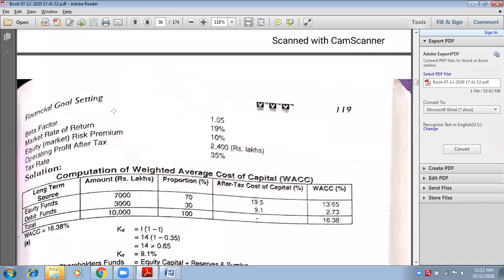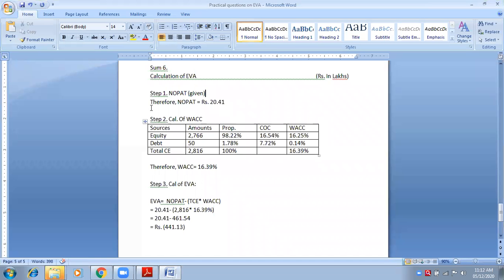Can you tell me how much is in the question? I have given you already NOPAT. See, operating profit after tax, the second last item. Operating profit after tax means NOPAT. What is the full form of NOPAT? Net operating profit after tax.